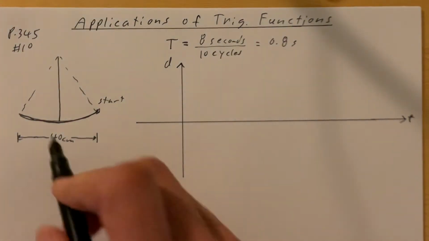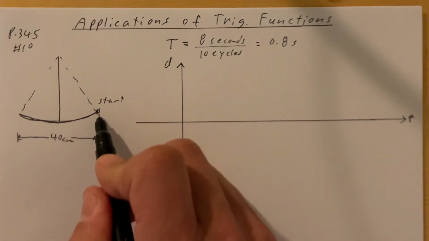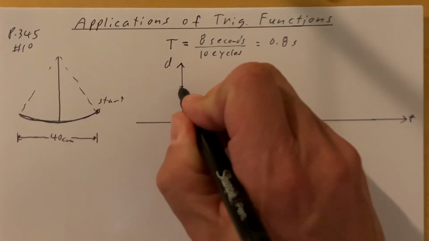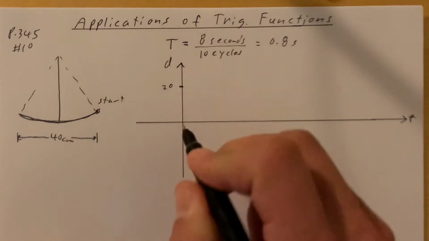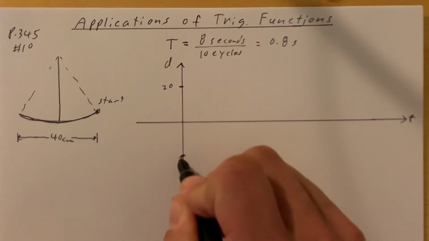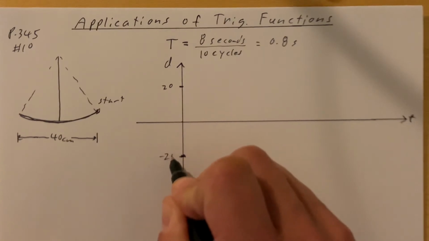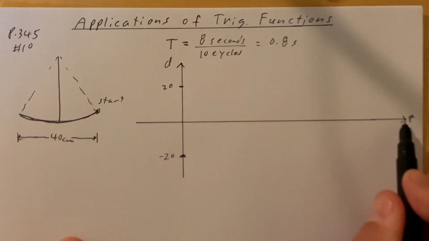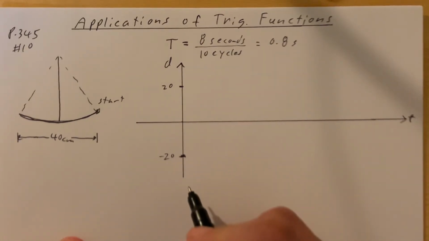It's going to start over here, so call that positive 20 centimeters. We're going to go from 20, then it's going to go through 0 and then back to negative 20 and then back. Here is the t-axis, the axis of the function.